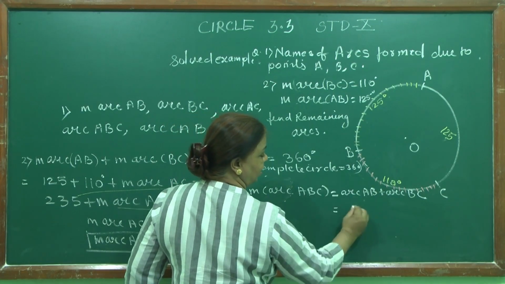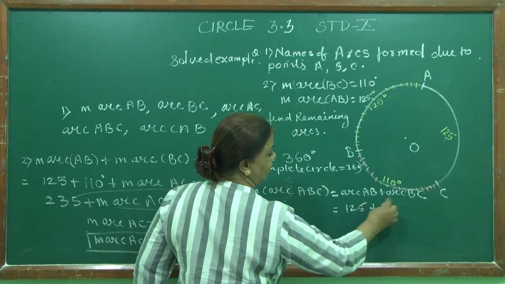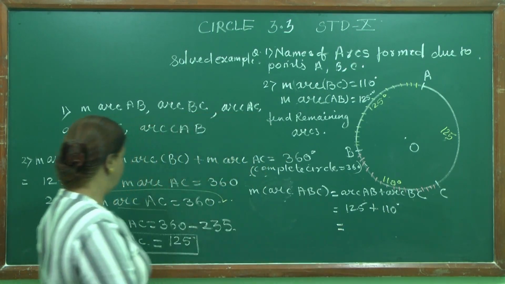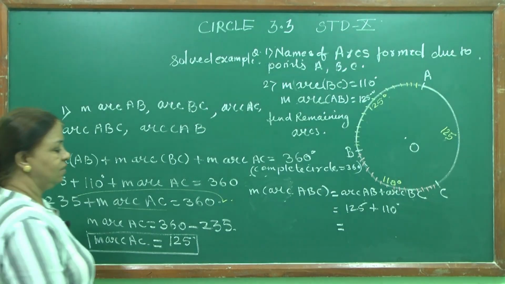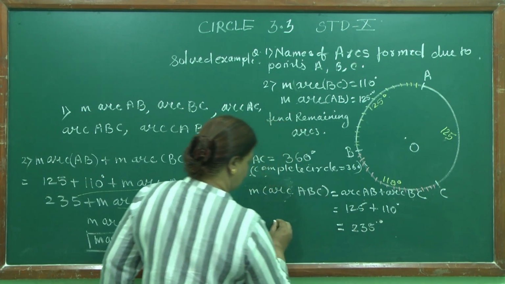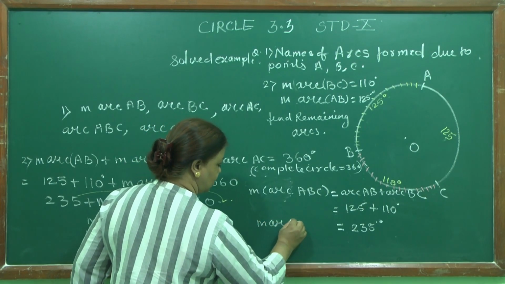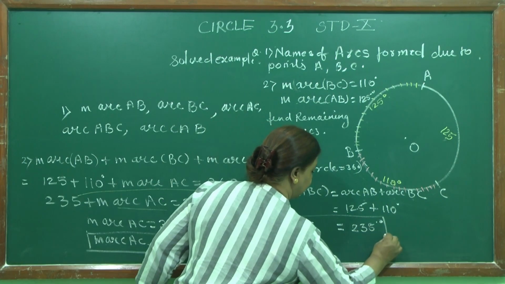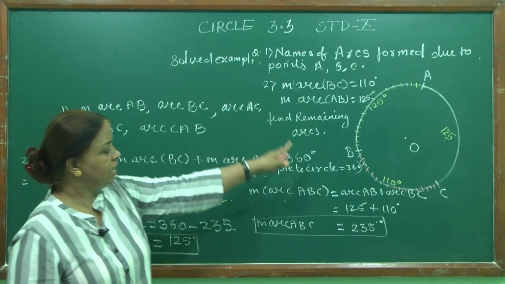AB is 125 degree plus BC is 110 degree, which will be equal to 235 degree. So measure arc ABC we got is 235 degree.